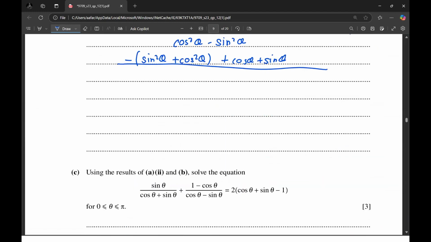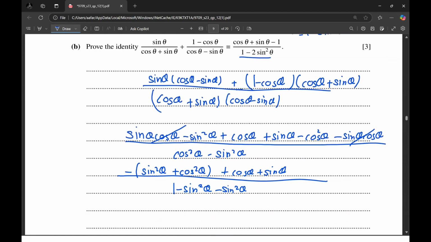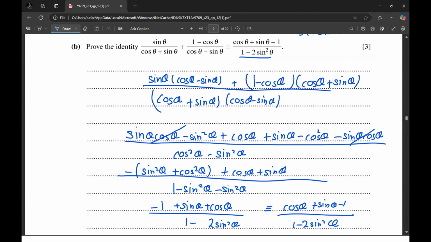So if we substitute that, whenever you see cos square theta or sin square theta, try to substitute if it works. Usually works. So that is basically the same as cos theta plus sin theta minus 1 over 1 minus 2 sin square theta. Understand?